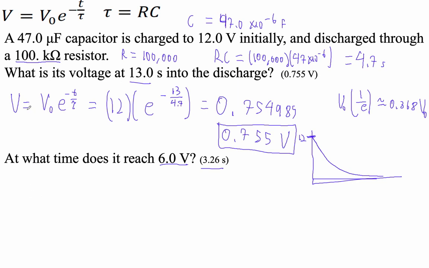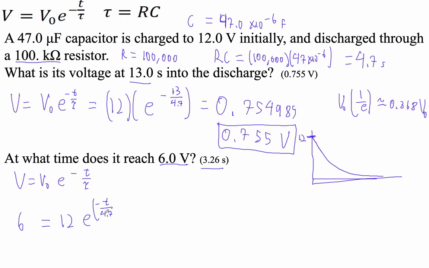We're going to use the same equation: V is V naught e to the minus t over tau. And I'm just going to plug in numbers. So 6 equals 12 e to the minus the time that we don't know over 4.7.